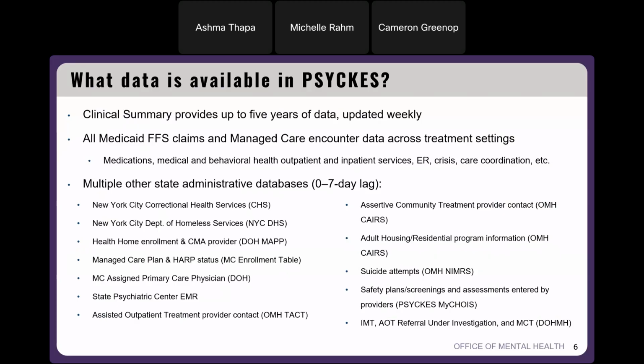PSYCKES also includes screenings, assessments, safety plans, and other documents like psychiatric advance directives that could be entered by you as the provider or the client themselves through PSYCKES My Choice. Lastly, we have intensive mobile treatment, AOT referral under investigation, and mobile crisis team information coming in from DOHMH Maven. And again, there are quite a few data sources listed here, so that's just a couple of examples.